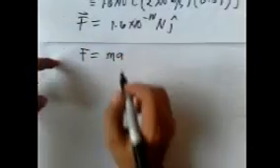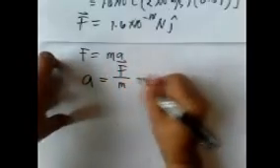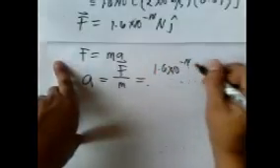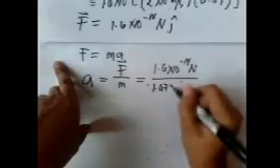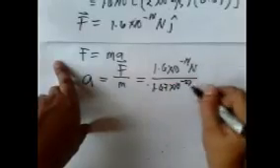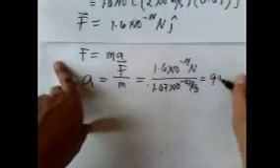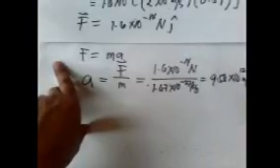From Newton's second law, F is equal to ma, so we could get the acceleration a equal to F over m, which is 1.6 times 10 to the negative 14 Newton all over 1.67 times 10 to the negative 27 kilogram, which yields 9.58 times 10 to the 12 meter per second squared.